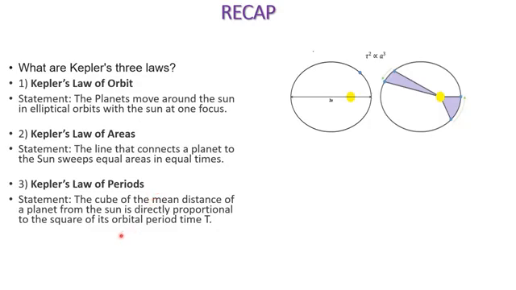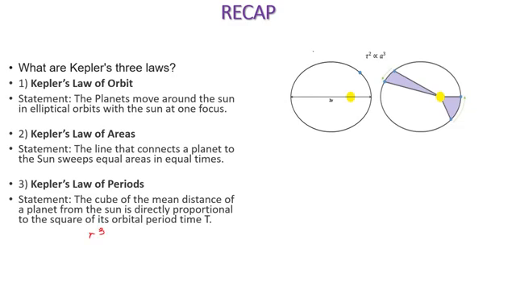Now coming to Kepler's law of periods, that is Kepler's third law. It says that the cube of the mean distance of a planet from the sun is directly proportional to the square of its orbital period T. Let's derive it. The cube of the mean distance is written as r cube.